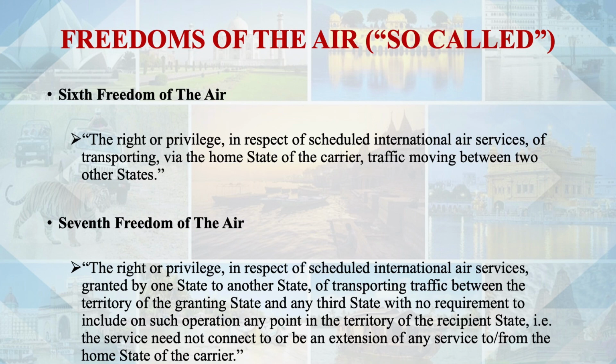The seventh freedom of the air is the right or privilege in respect of scheduled international air services granted by one country to another for transporting traffic between the territory of the granting state or granting country and any third country with no requirement to include on such operation any point in the territory of the recipient state. That is, the service need not connect to or be an extension of any service from the home country.